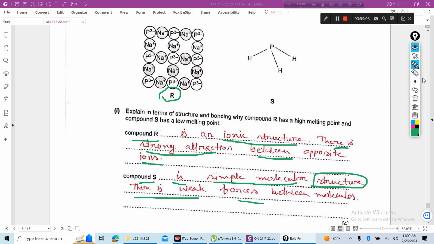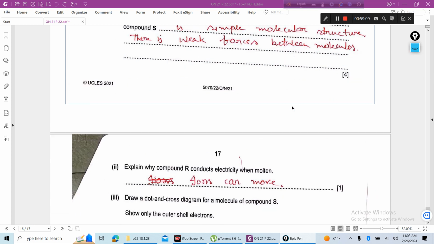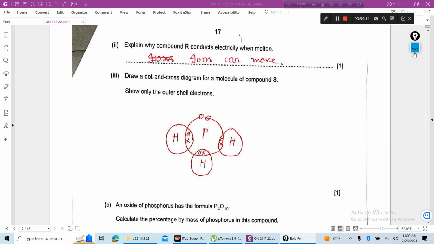Now let's move on. Explain why compound R conducts electricity when molten. You know, compound R is an ionic compound.